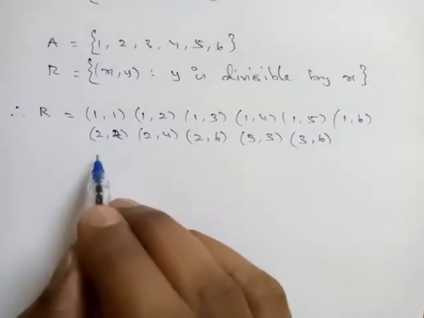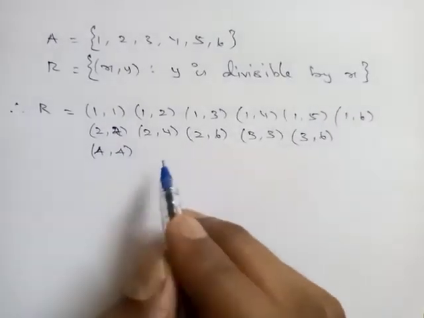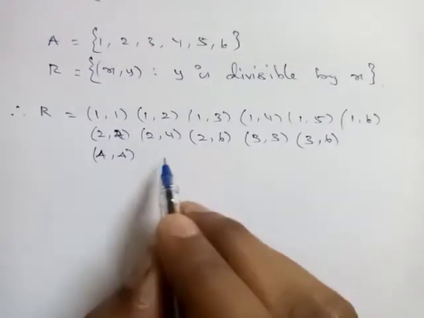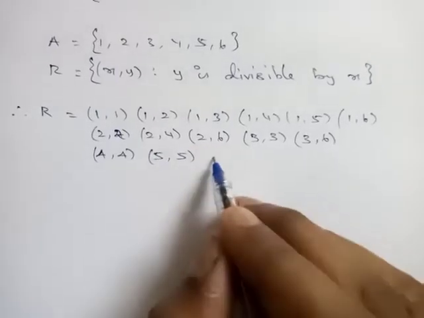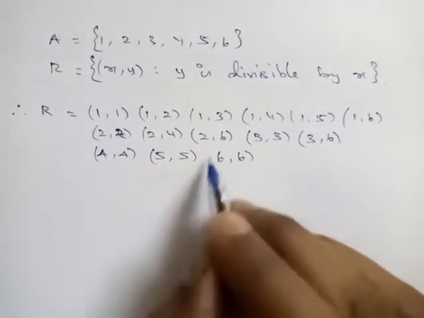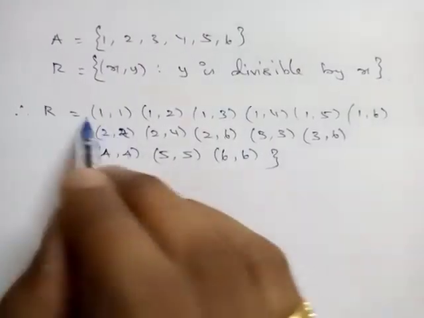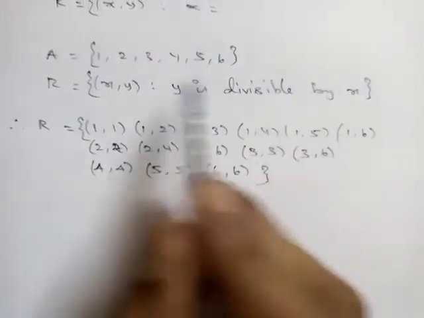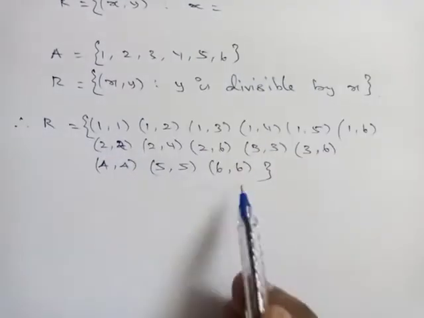Next, if you are taking (4, 4), then (4, 8) will come, but here 8 is not there, so that's all for 4. If x value is 5, y also 5. If x value is 6, y value also 6, that's all. Elements are over. So this only we can write, which is possible by this condition. Y is divisible by x for this set means we can write like this only.